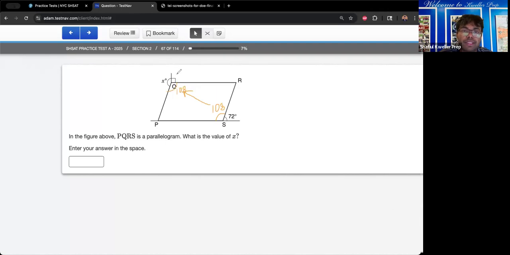And then we see that there's a 90 degrees here, and this is a full circle. A full circle is 360. So 360 minus 108 minus 90 is equal to 360 minus 198, 162. That should be your answer.